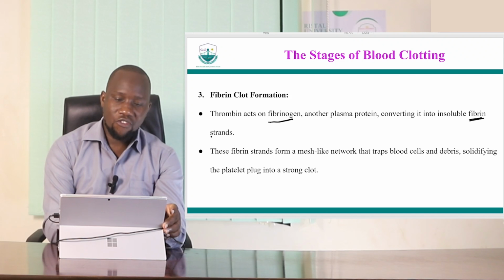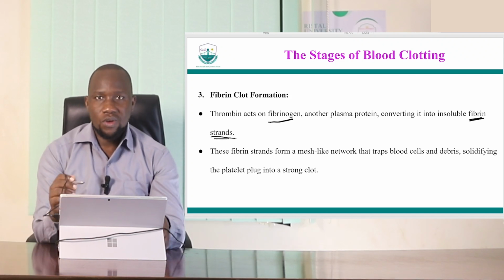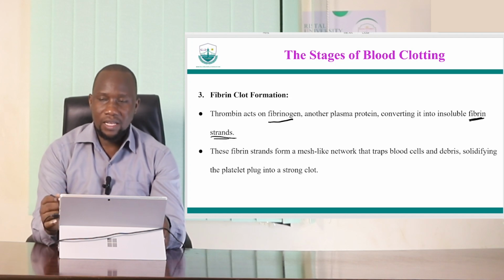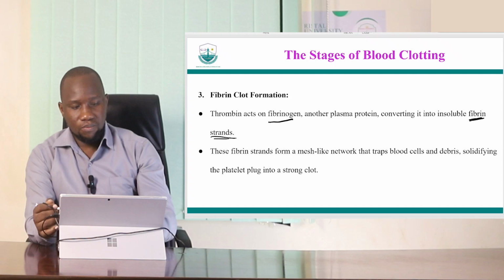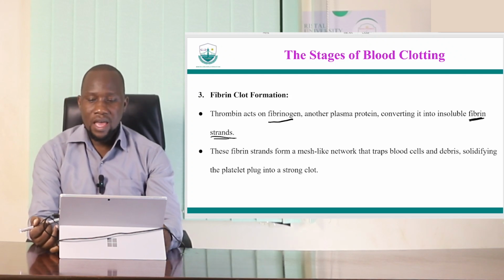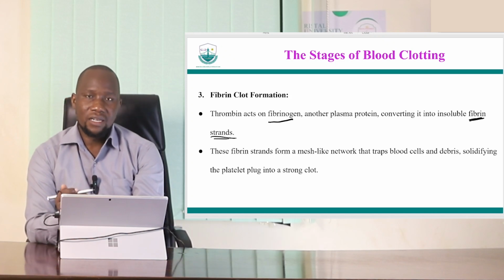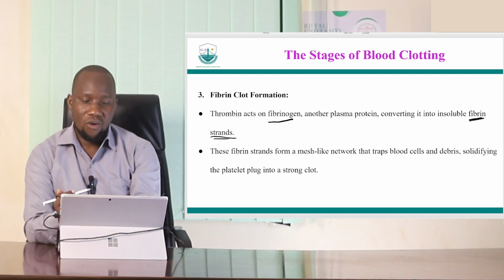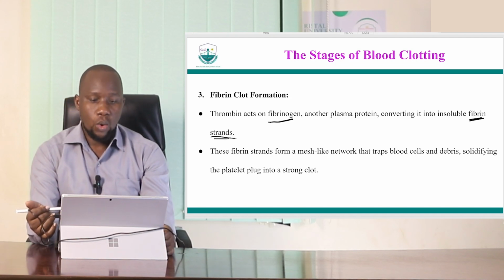And this fibrin actually forms what we call the fibrin strands, which are basically like fibers, mesh-like, that form the mesh-like network that trap the blood cells and the debris, and then making the platelet plug more compact, or forming a strong clot.